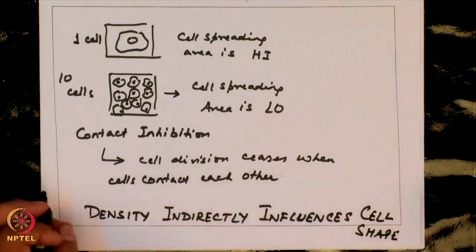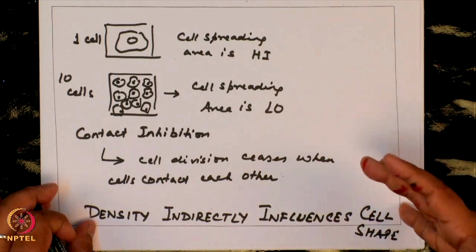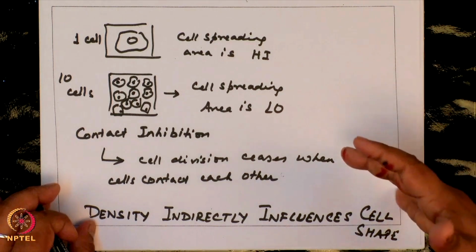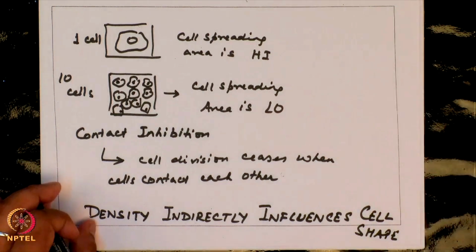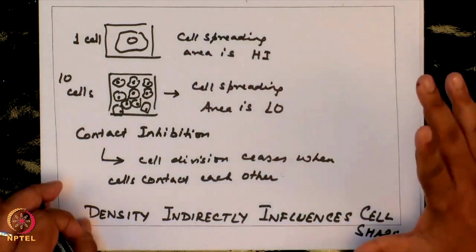So, is it possible that it is this cell shape or cell size which determines the nature of the differentiation trajectory? However, in this particular experiment, it is difficult to answer that question, because it may very well be that when you have high density, the growth factors and other things that the cells secrete might have a role to play.